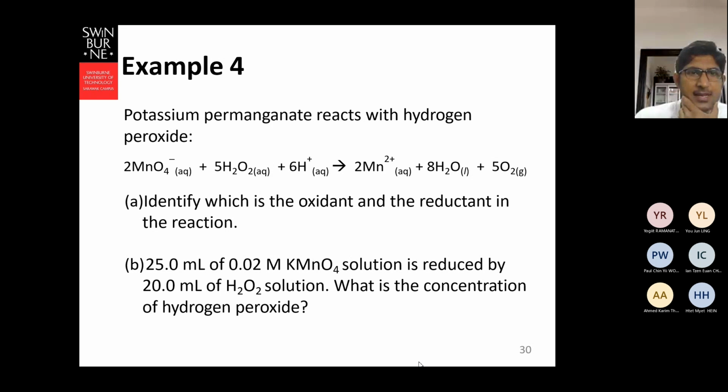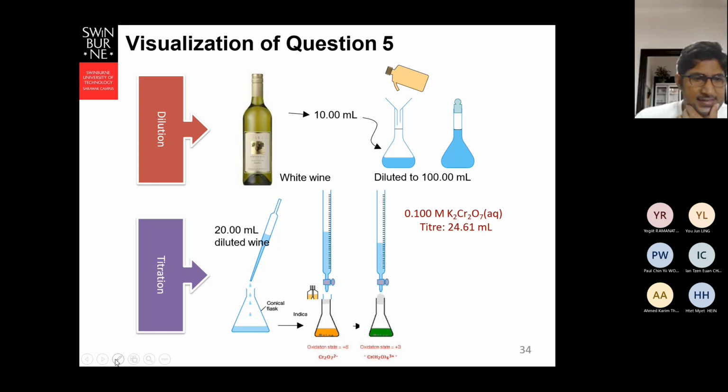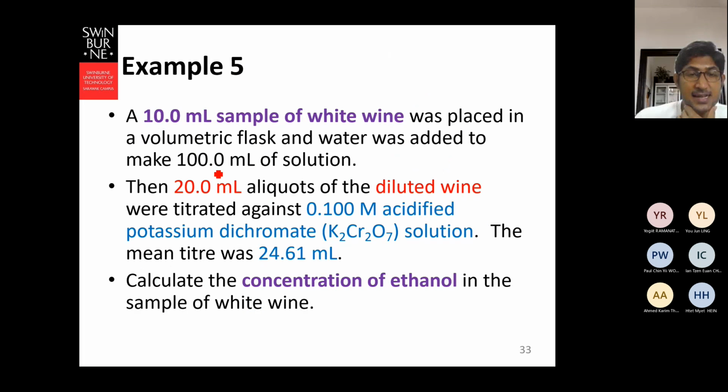So a 10 milliliter sample of white wine was placed in a volumetric flask, and then water was added to make it 100 milliliters. So you know that it is a 10 times dilution. Then a 20 milliliter aliquot of diluted wine was titrated against 0.1 molar acidified potassium dichromate. Why acidified?